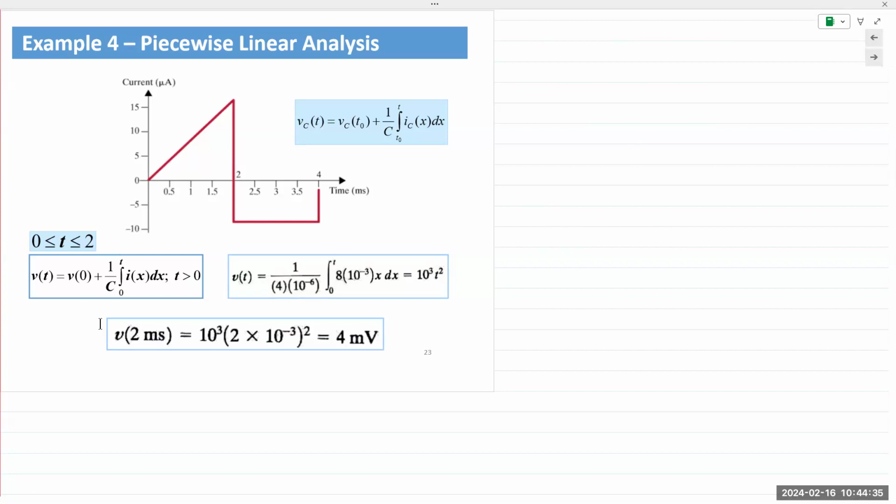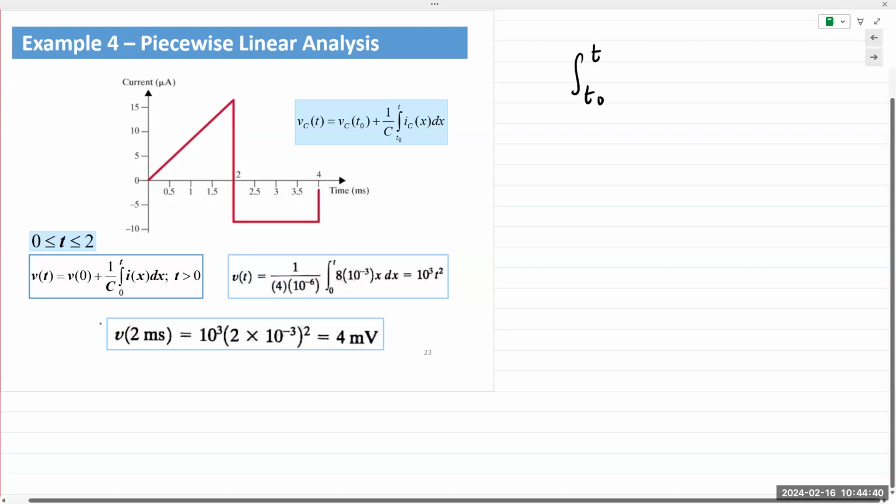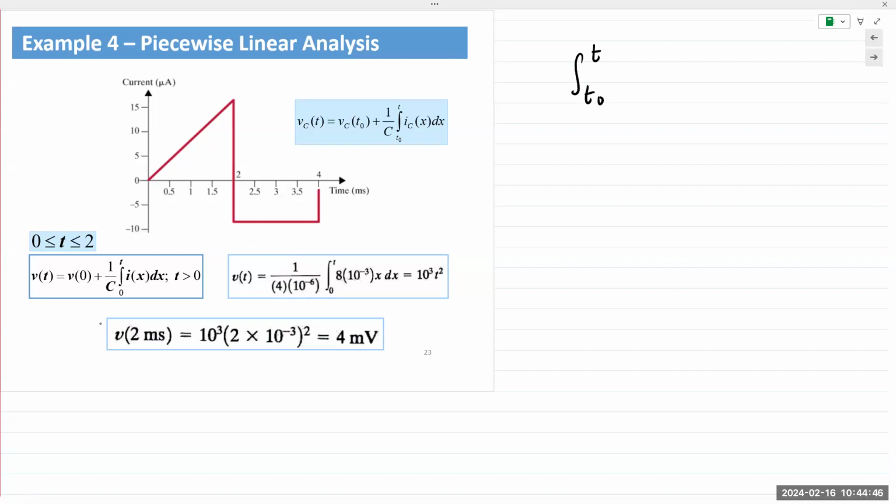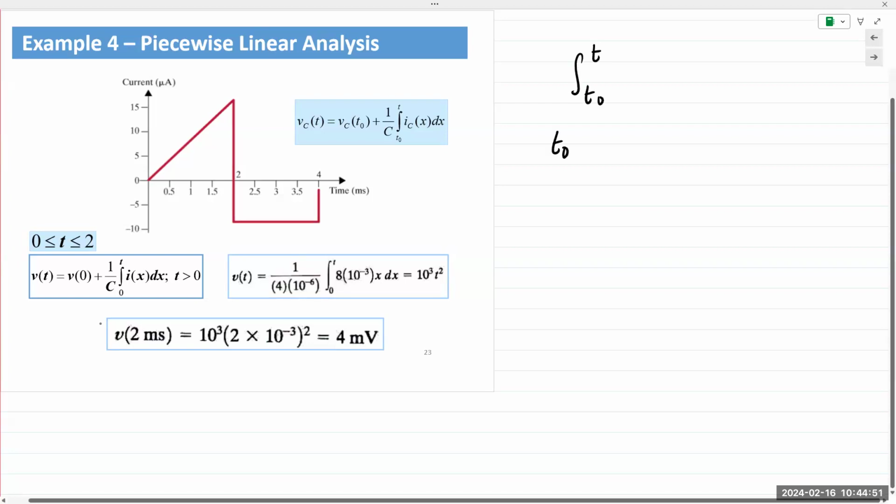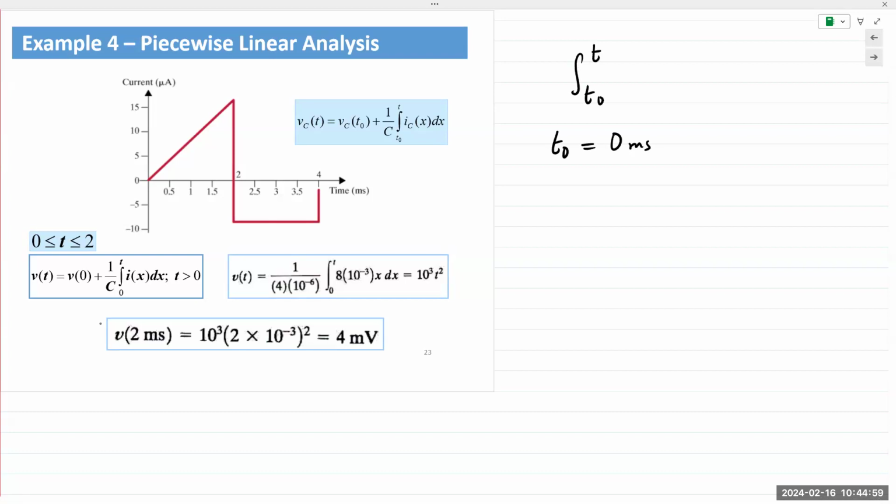Actually, technically it is t0 to t. T0 is the point at which I begin my analysis. And in this case, the portion is 0 to 2. So T0 is 0 milliseconds, the time where I begin my analysis.